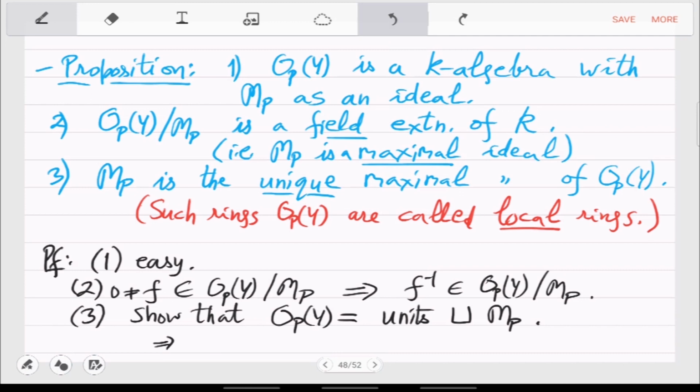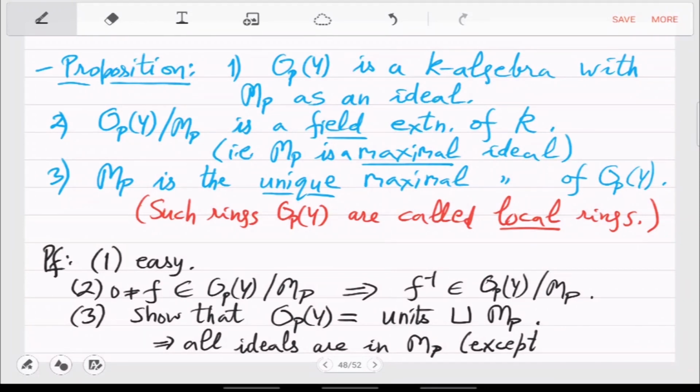Basically, all ideals are inside M_P, except the complete one, which is O_{P,Y}. This shows the uniqueness of this maximal ideal, and when that happens, we say that the ring is a local ring.